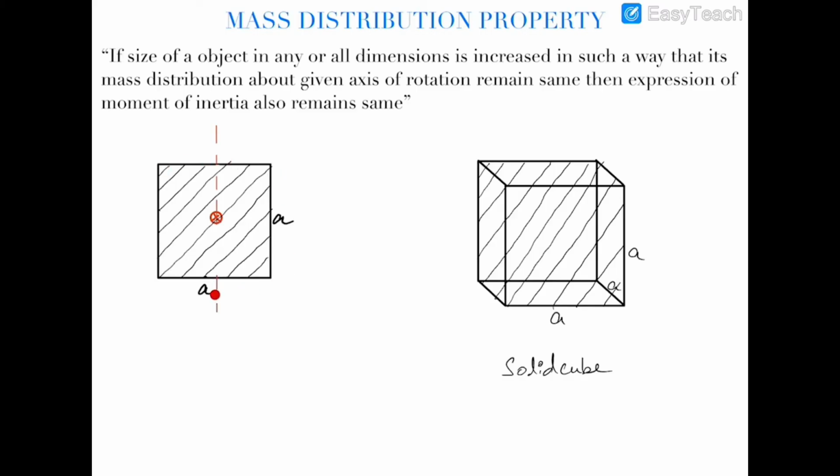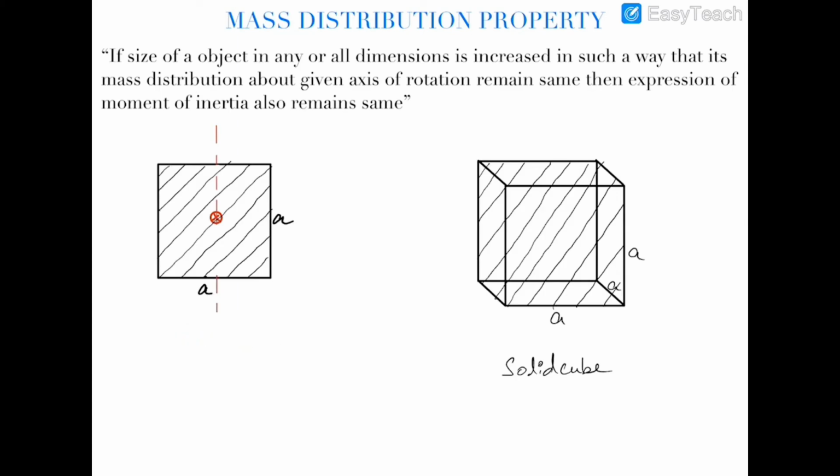There is a square of side a and there is an axis which is passing through the center of the square like that. So the moment of inertia of this square about this same axis is m a square by 6. Let me write it.